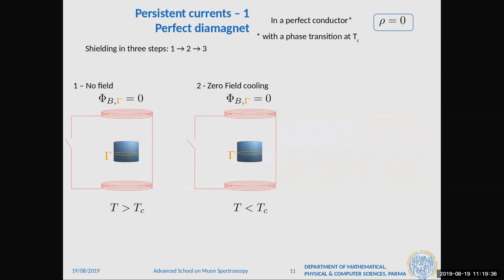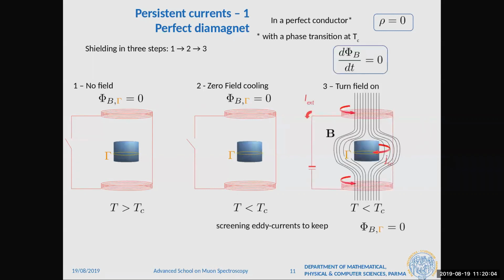So if you in any way produce eddy currents, they will survive, say, forever or for a very long time. So you can devise the following experiment. You assume you have a perfect conductor, still below a certain transition temperature. So you start above the transition temperature with no field. You cool with no field. So you're now cold with no field.